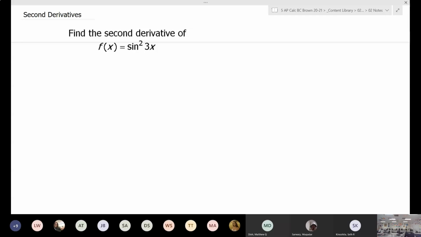But when I say find the second derivative, that literally means take the derivative of the first derivative. So if you ever have a problem that's asking you to find the second derivative, you literally find the first derivative and then use the first derivative to find the second derivative. I do often simplify between those steps because we know that the simpler your answer is, the easier your derivative is going to be.